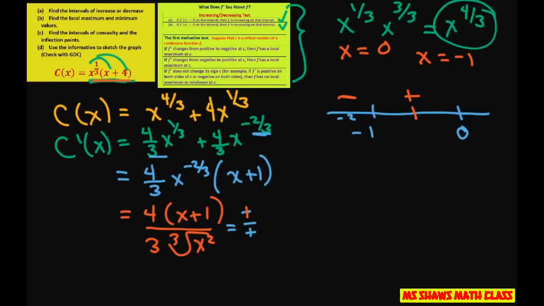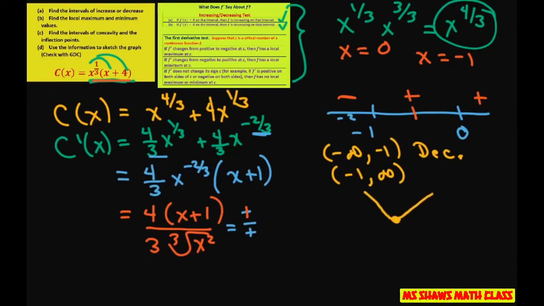If I plug in 1, I'm also going to get positive. So basically, it's decreasing on negative infinity to negative 1, and it's increasing on negative 1 to infinity. So it's decreasing to negative 1, then it's increasing past 0, like that.